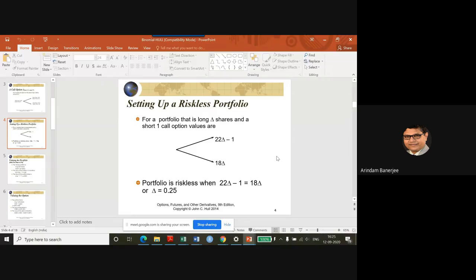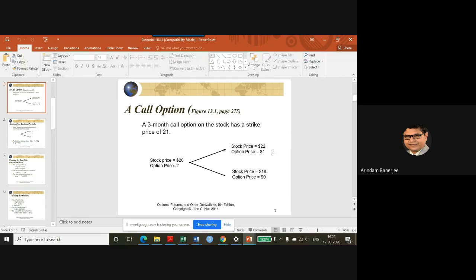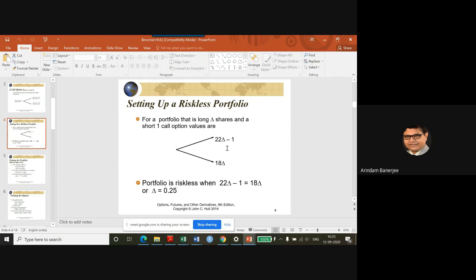On the upside, the value of the portfolio will be 22 into delta minus 1, because the stock price is 22 and 1 is the value of the option. On the downside, it will be 18 delta. If I equate these two, the portfolio becomes riskless when 22 delta minus 1 equals 18 delta. If I solve this equation, the value of delta will be 0.25.